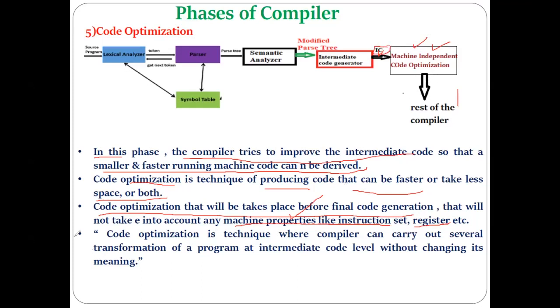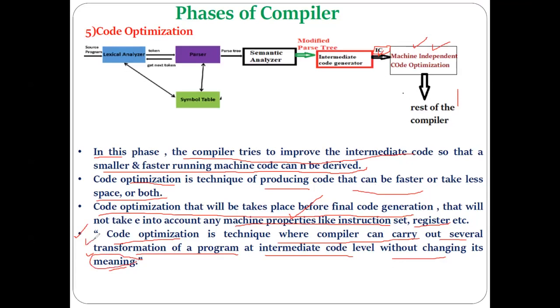So you can describe code optimization in this way also. Code optimization is a technique where the compiler can carry out several transformations of a program at an intermediate level without changing its meaning. The compiler makes different transformations or changes on your intermediate code program, and those changes are done without changing the final meaning of the program.